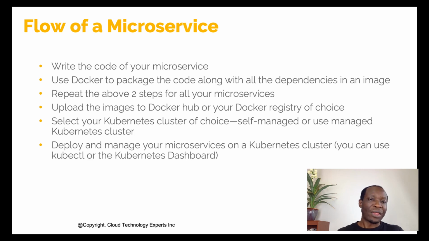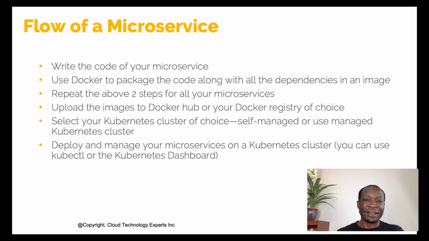Step 3, you repeat that process for all your microservices, that is, package them in an image with all the dependencies. Then you upload those images to a Docker hub or a Docker registry. You can use any Docker registry of choice, but Docker hub is the default. It is publicly available for anyone to use.